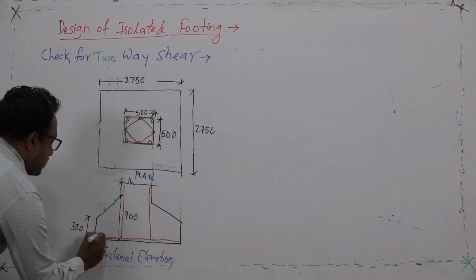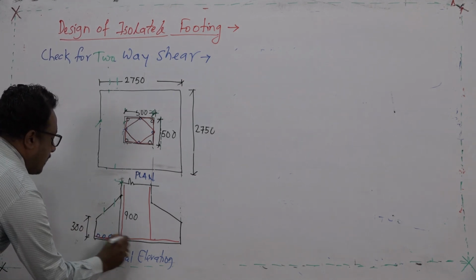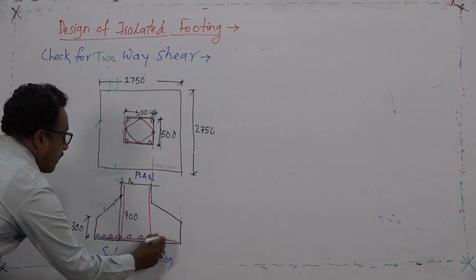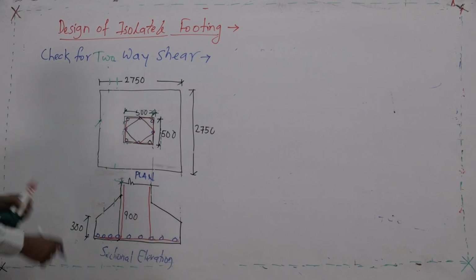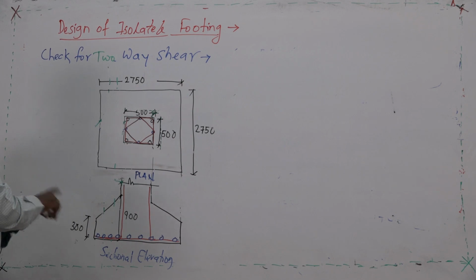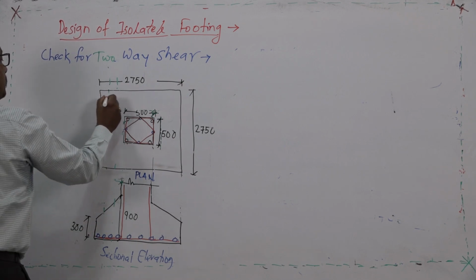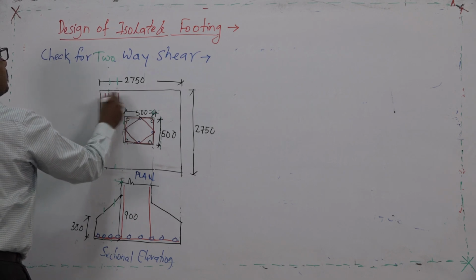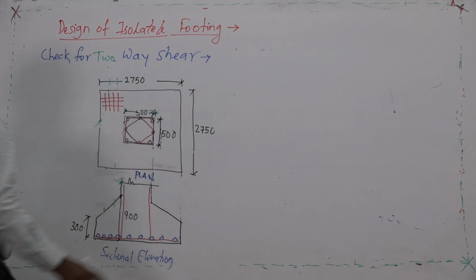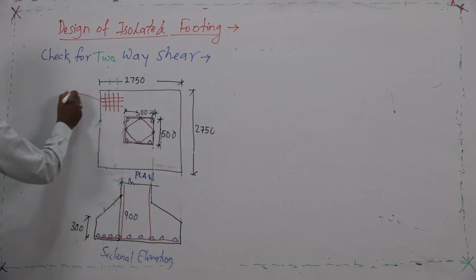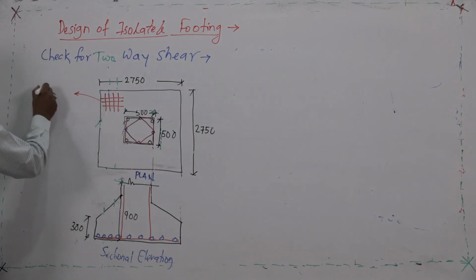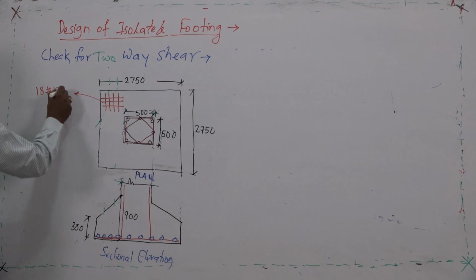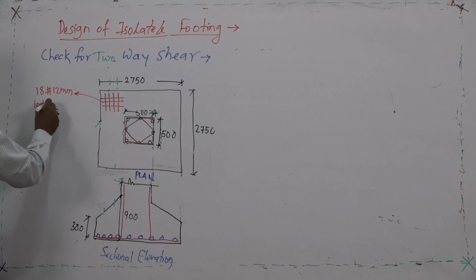And in the orthogonal direction, I will put the steel. And in plan, you can show these lines like this. So, this is sufficient. I will write here what this is. This will be 18 bars of 12 mm, specifically in both directions.